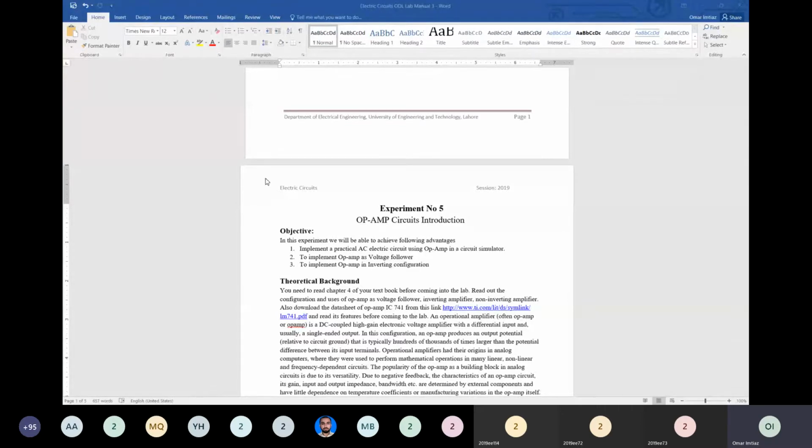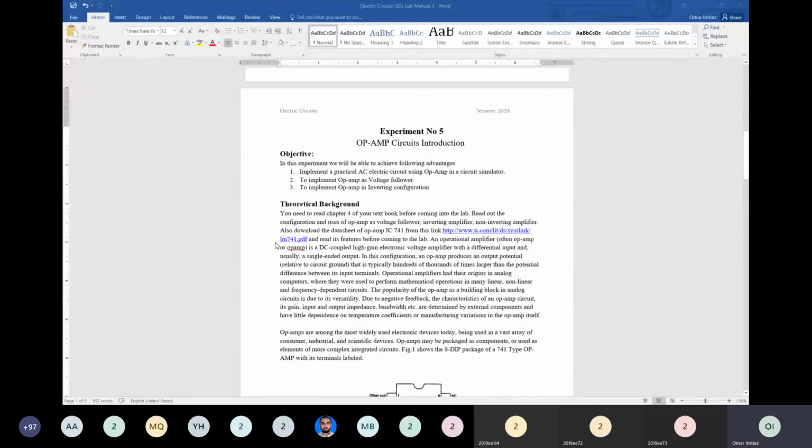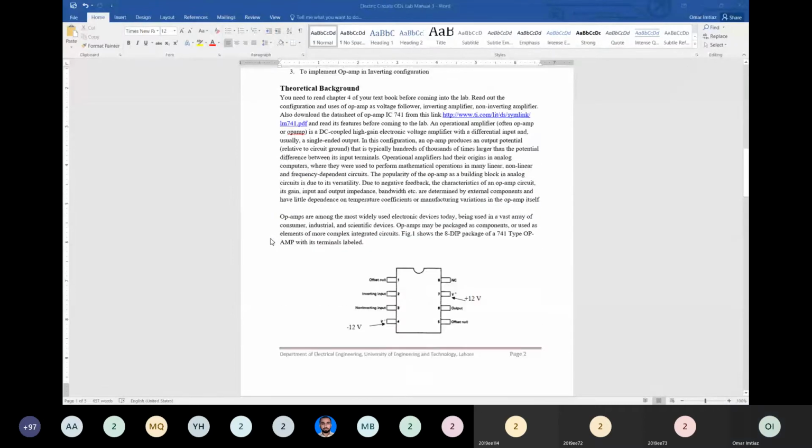So in this lab, we will be using LTSpice to figure out the voltage follower, the functionality of an op-amp, inverting amplification, and non-inverting amplification. Theoretical background is something that you will read when you dig into the manual. I'm going to focus on what is required from you when you do the simulations in LTSpice.